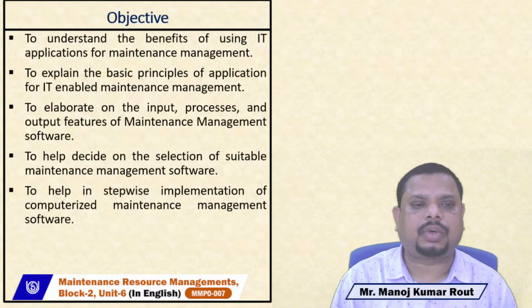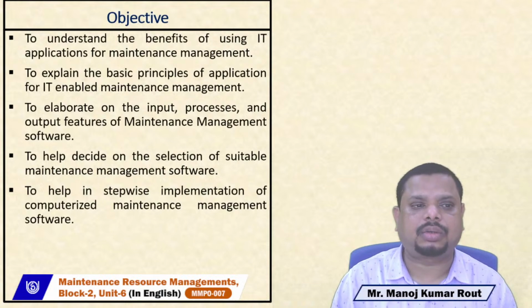The first one is to understand the benefits of using information technology or IT applications for maintenance management. Point number two, to explain the basic principles of application of information technology in maintenance management. Point number three, to elaborate on the input, the maintenance processes, and the output features of maintenance management software.